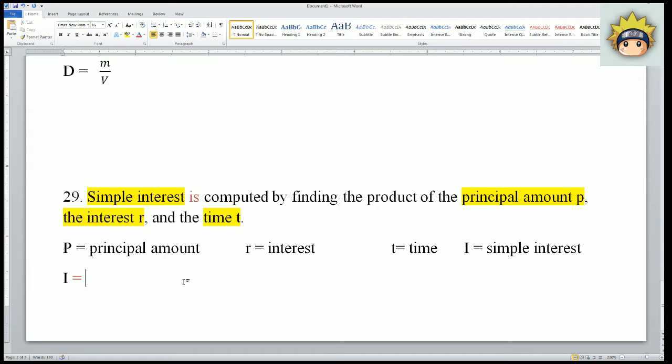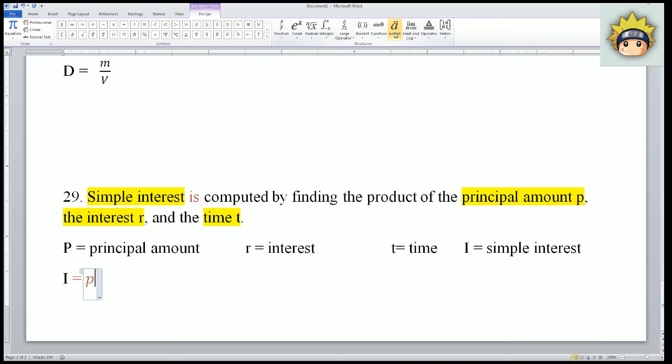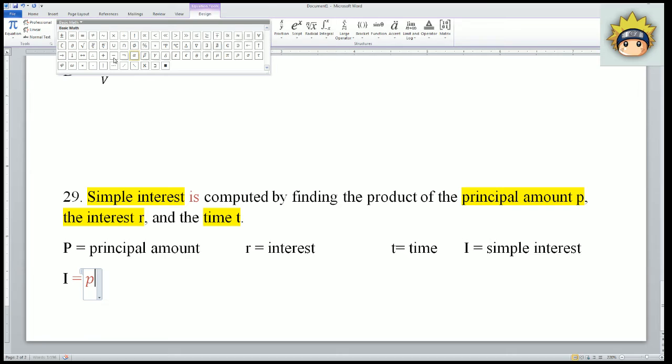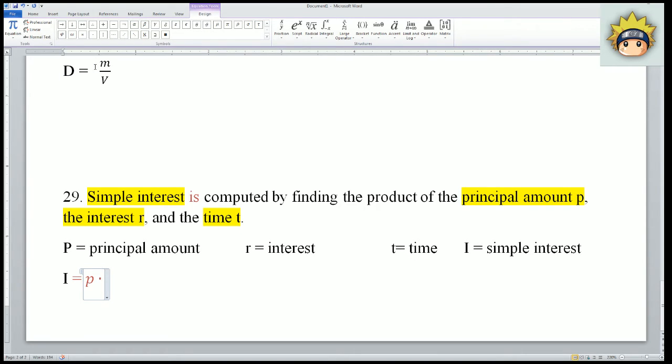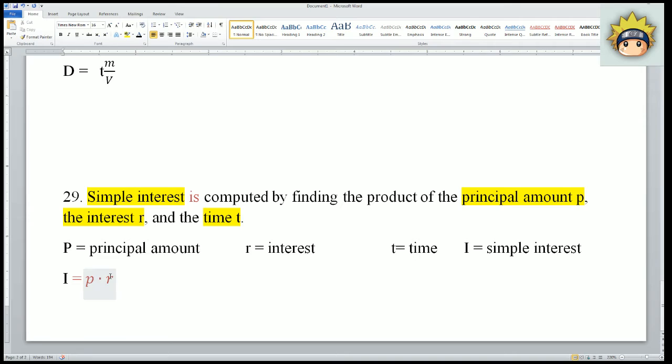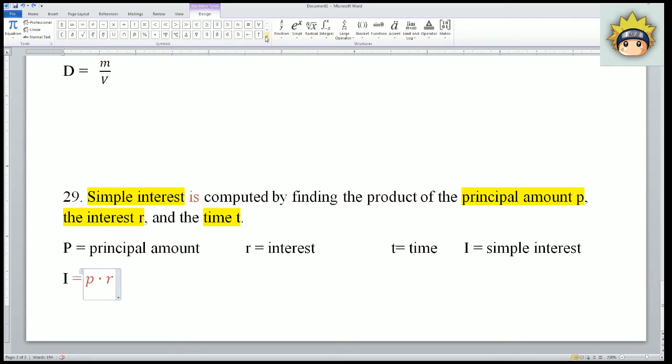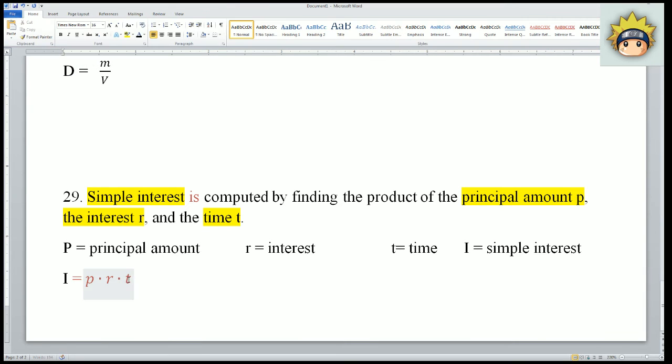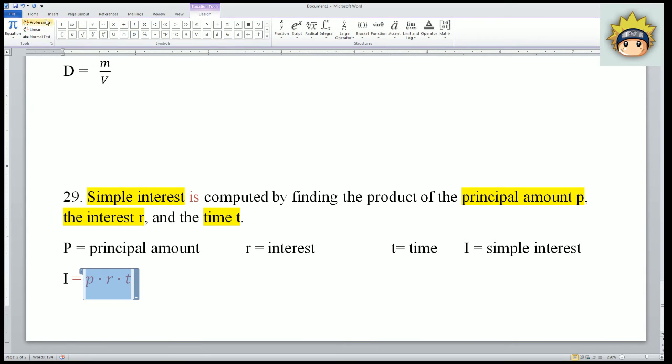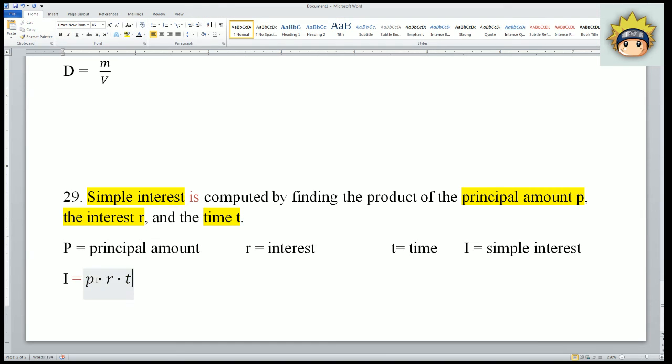Principal amount times the interest R times time. I can make this right here the color black. Principal amount, interest, and time. That would be your answer for 29. Alright, so that is all your solutions.